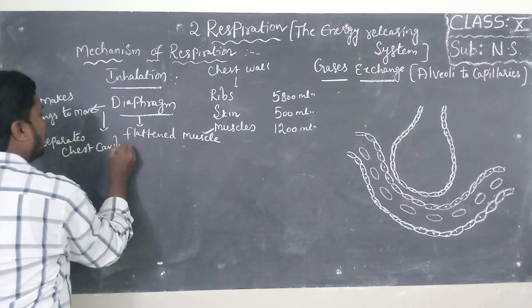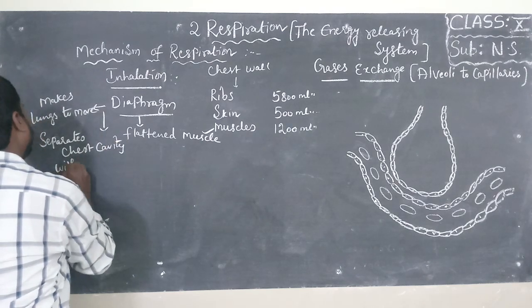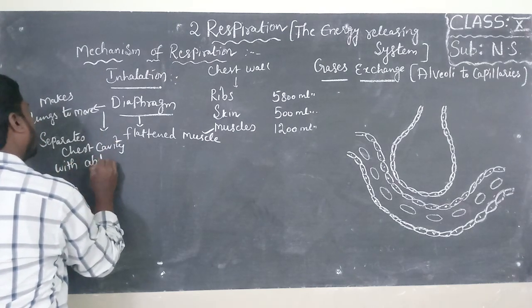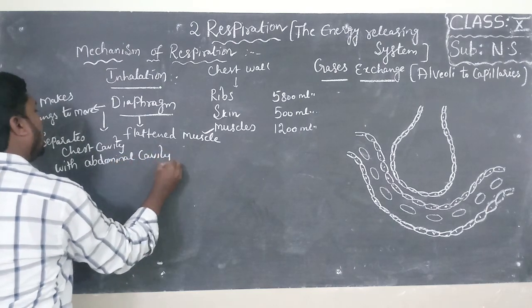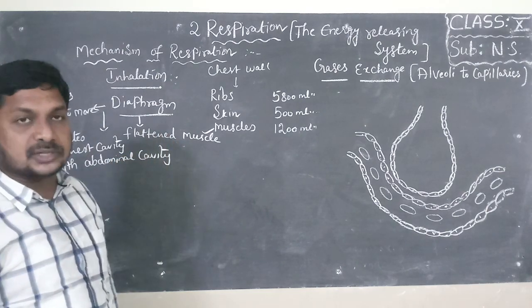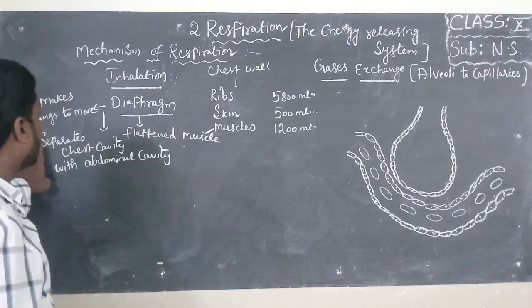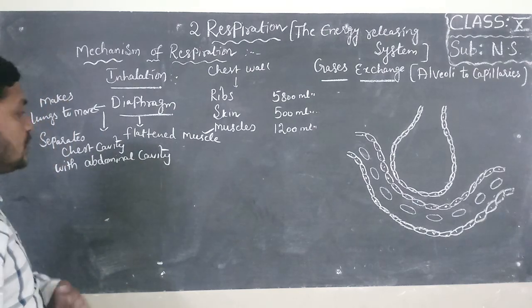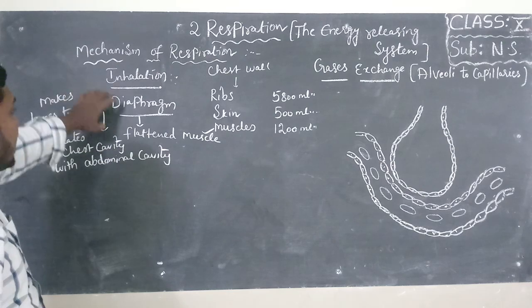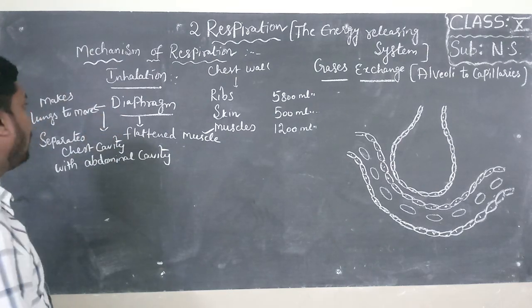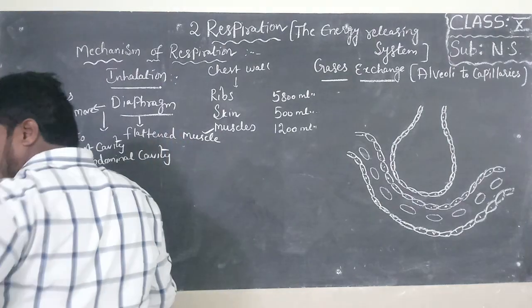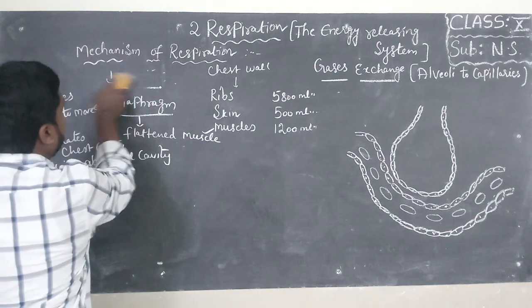Very important, write down: it helps to separate the chest cavity from the abdominal cavity. So the diaphragm helps the lungs to move forward and backward.